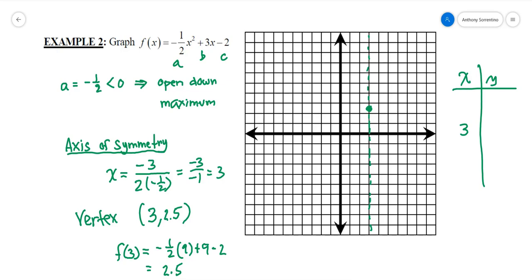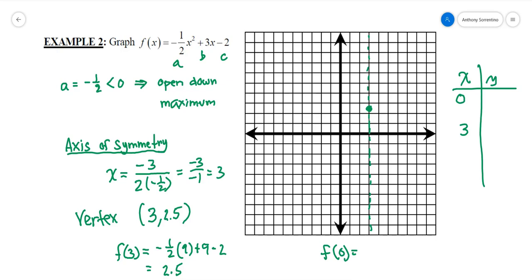Now I'm going to choose some values on one side or the other, either values smaller than 3 or bigger than 3. If I choose 0, for instance, and I always try to use 0 when I can because 0 is really easy for these. If I do f of 0, everywhere there's an x, it will become 0.